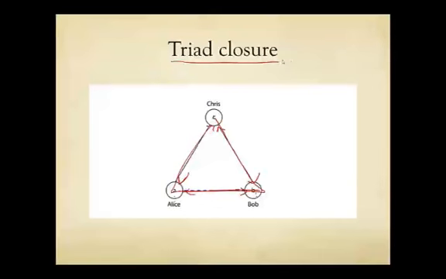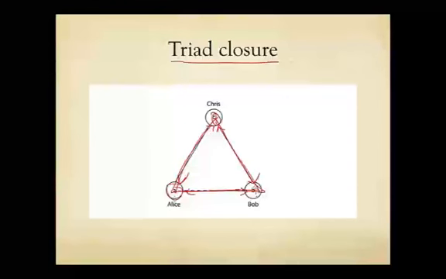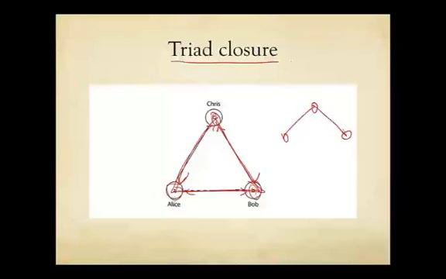So we wonder, if I count all the connected triples in the graph I'm given, how many of them actually close the loop and form a triad closure? Not all of them, but some of them. And it's believed that in human social networks there are a lot of closures.